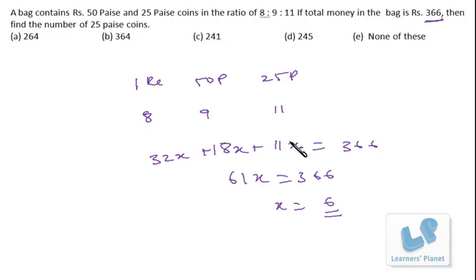First of all, we find the value of 25 paisa coins, that is 11x. That means 11 into 6 is 66 rupees. Now in 1 rupee there are 4 25-paisa coins, so the number of coins will be 66 into 4, that is 264. I hope you are clear.